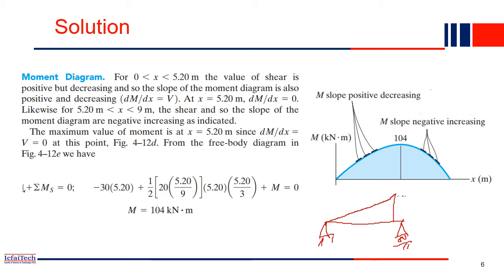So you have the loading pattern like that. Now apply the same thing. In the shear force diagram we saw that up to 5.2 the shear force is positive, and then the shear force crosses into the negative section.